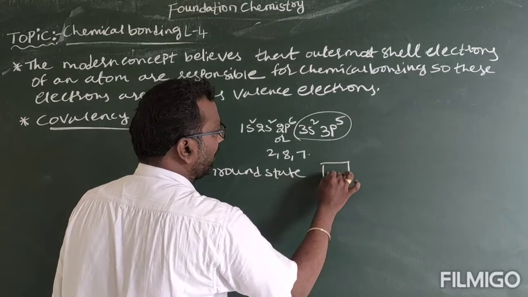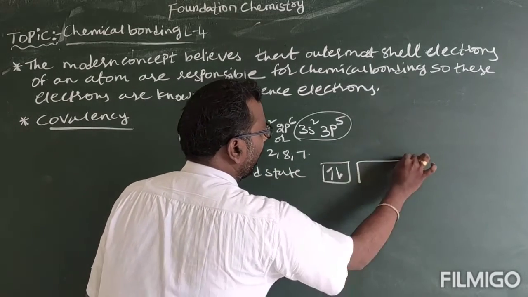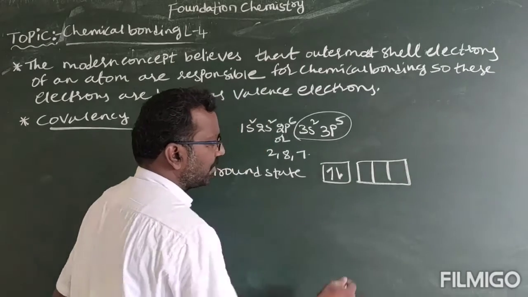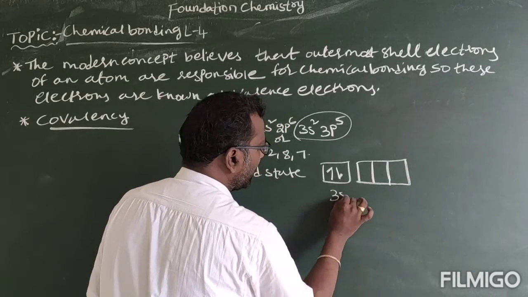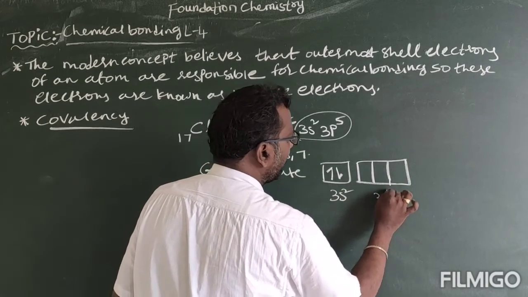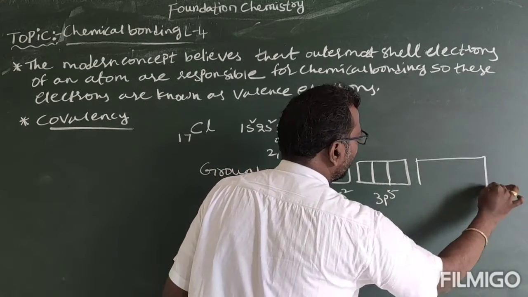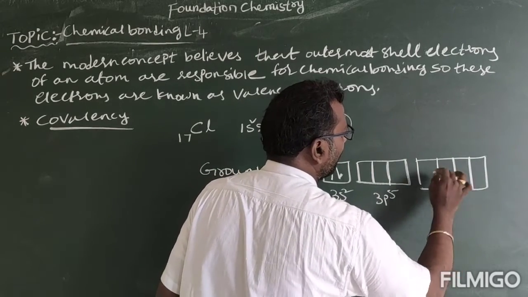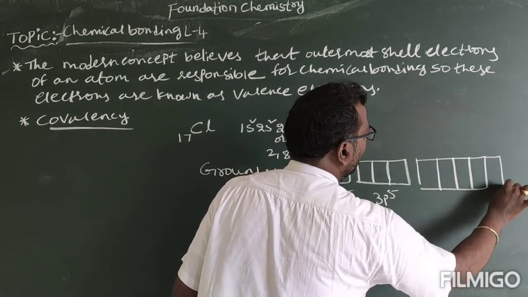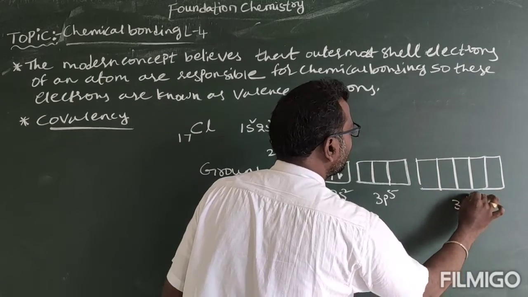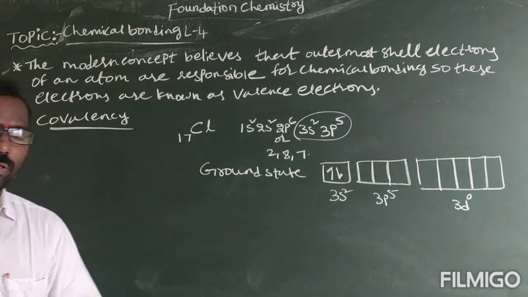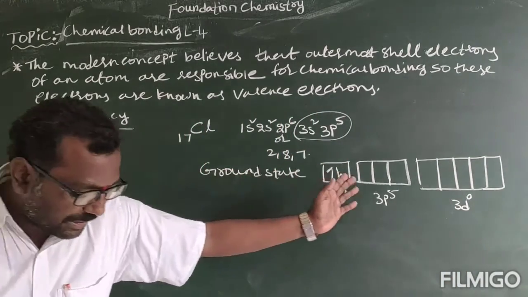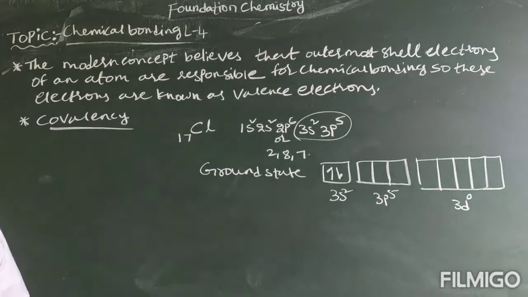In the ground state, this is the 3s2, 3p5, and the d orbital will be 1, 2, 3, 4, 5, 3d0. There is no electron in the d orbital, but let us consider it as 0.